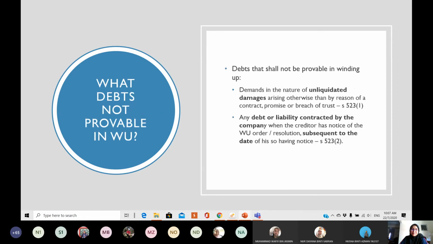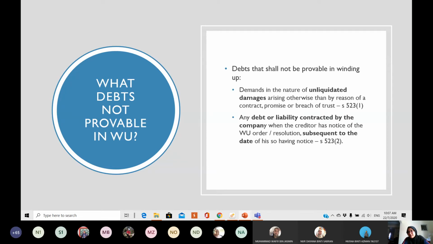Okay. Apa yang tak provable? Unliquidated damages. For example, macam kalau ada mungkin workers, personal injury for example. A person suffered personal injury due to the act of the company.